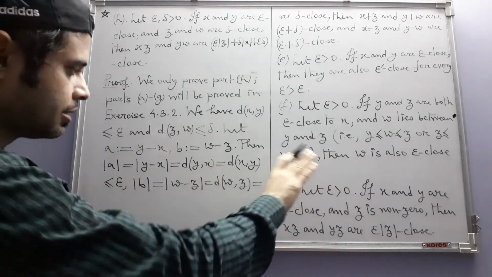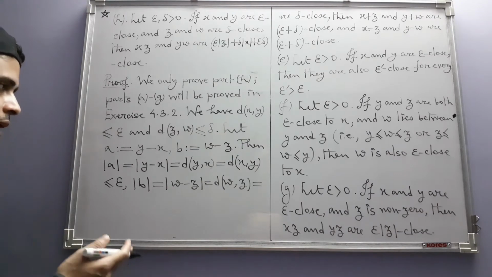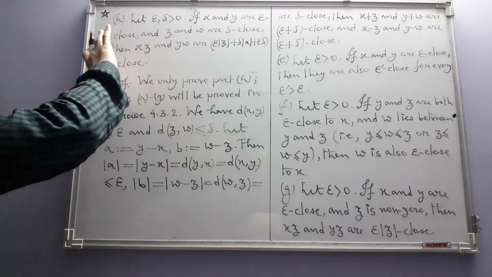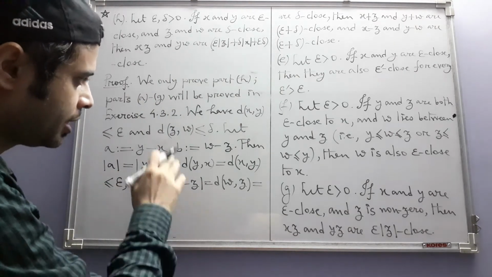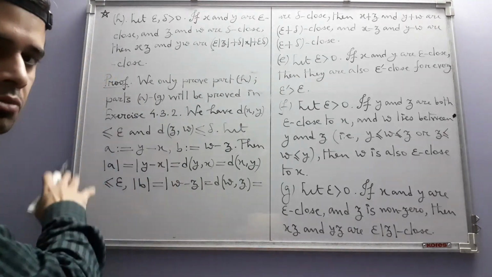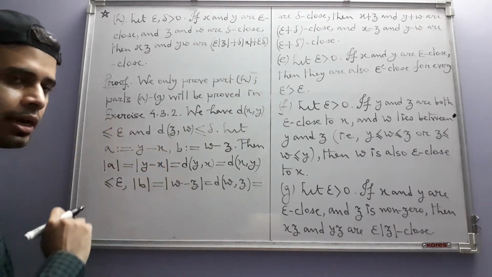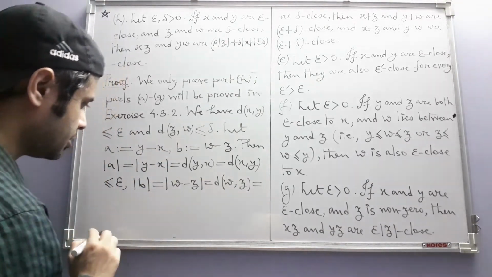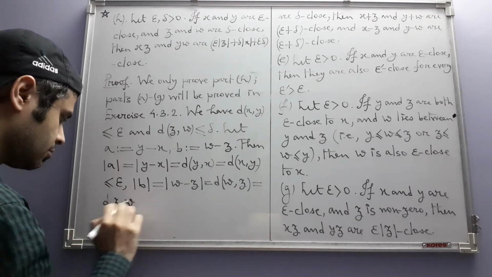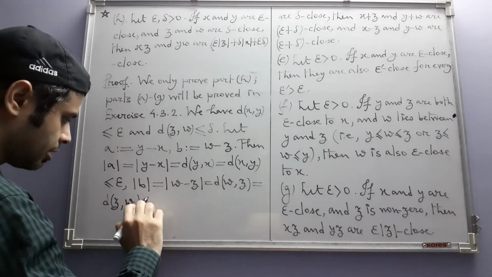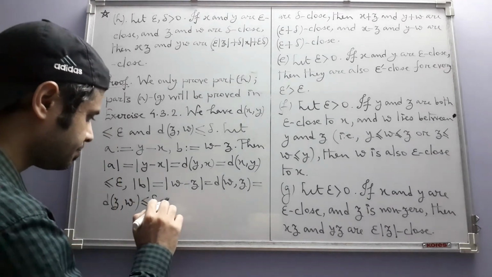We will prove that in the exercises, but for now, since the previous proposition 4.3.3 appears before this, we assume that we have already proved it. So we are free to use whatever is available there. So this is equal to d of z comma w, and this is given to be less than or equal to delta.